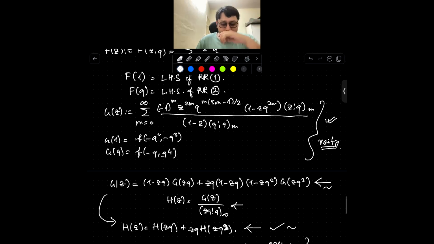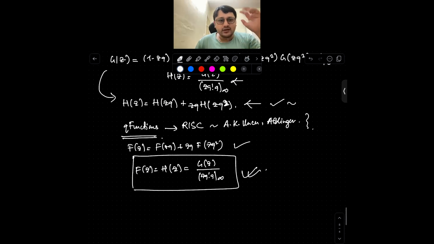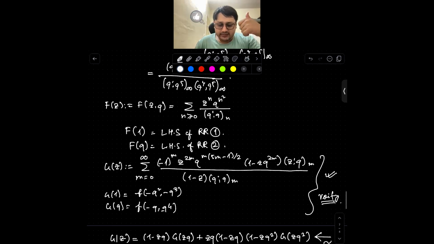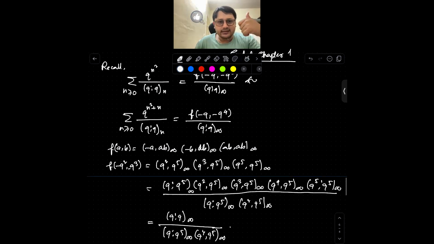So after all this preliminary, we were now able to see a very short proof of the Rogers-Ramanujan identities. Let me go back to the steps and show you what things were involved. The first thing that was involved was Jacobi's triple product identity, in looking at the product side.